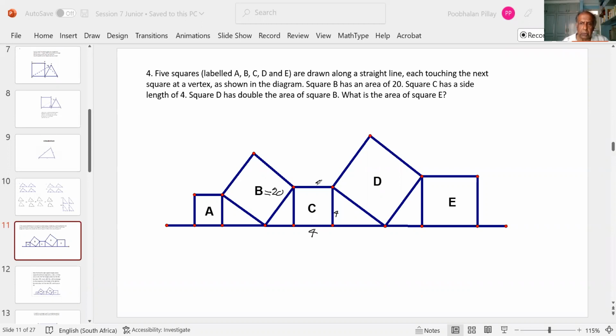All the sides of the square are equal, and they're all equal to 4. And the area of B is 20. We are also told that D has got double the area of square B. So the area of B is 20, so the area of D will be 40.